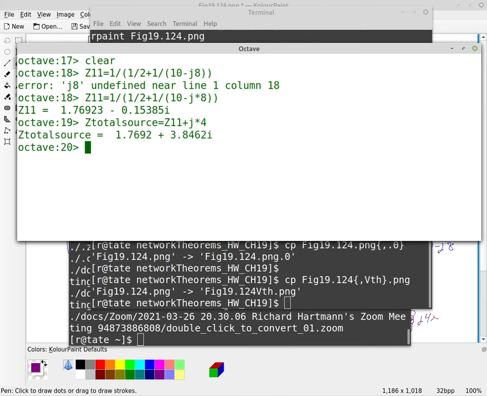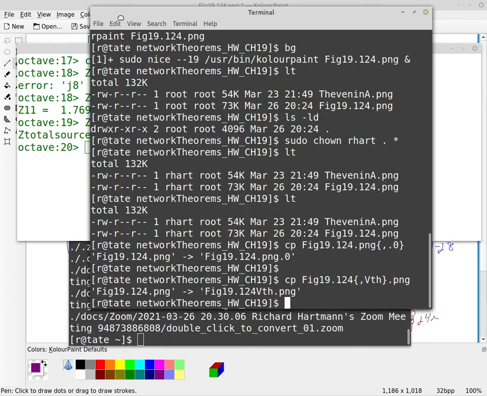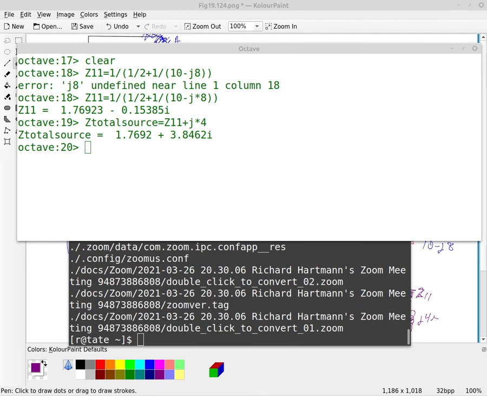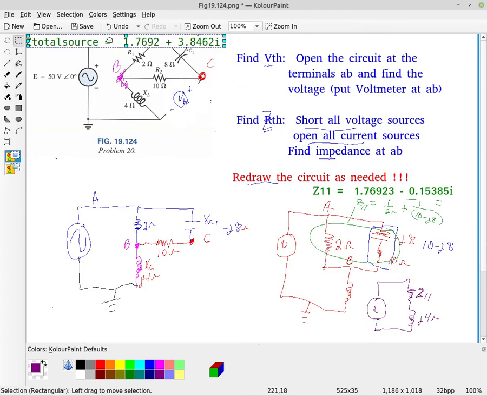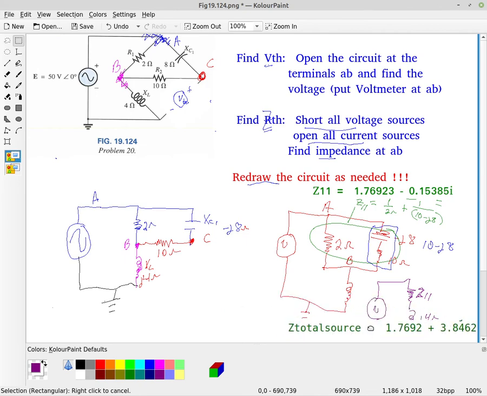Alright, and so that gives us this value here now: 1.762 ohms plus J3.8462. Okay, and so that is the total impedance as seen by the supply voltage.